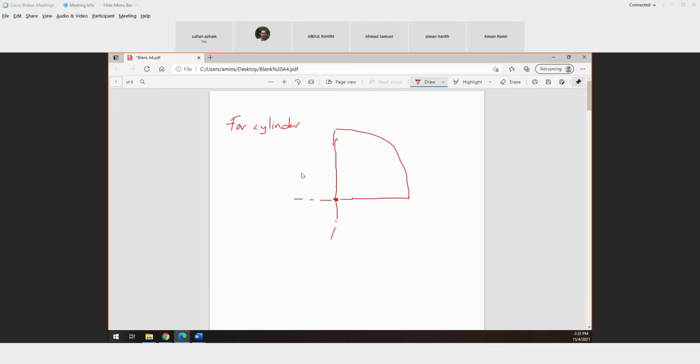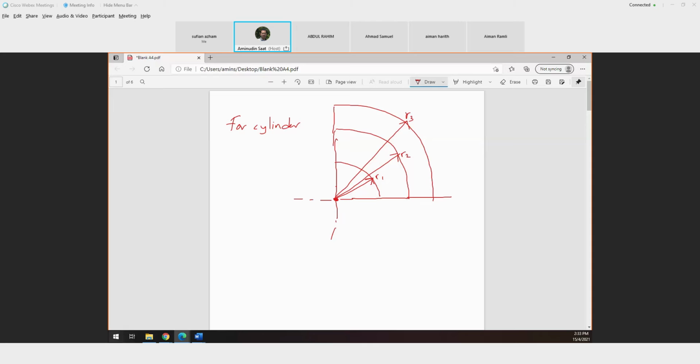Let's say I put another layer on it. So we have R1, we have R2, we have the radius R3.